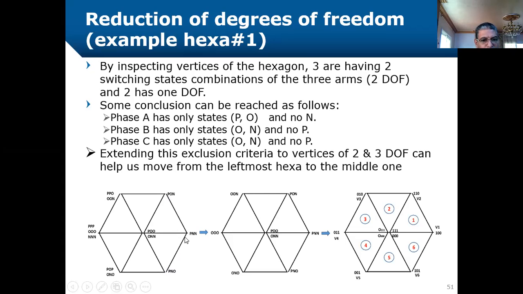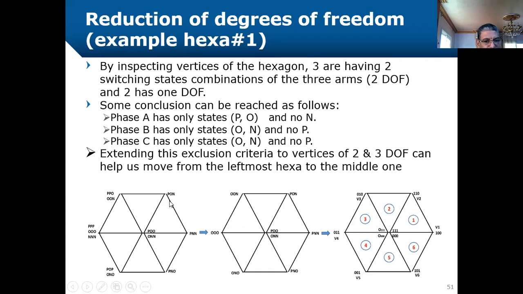We need to look at the center and the 3 single vertices, the vertices which have a single combination. Look, for phase A, for example, we have only B or O. There is no N. B, B, B, B, or O. So phase A has no N in this subhexa.